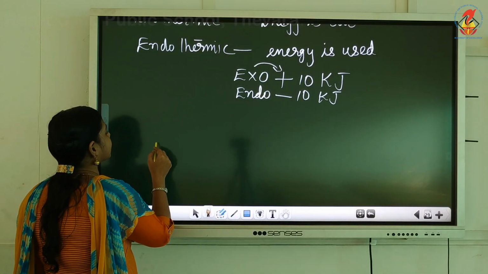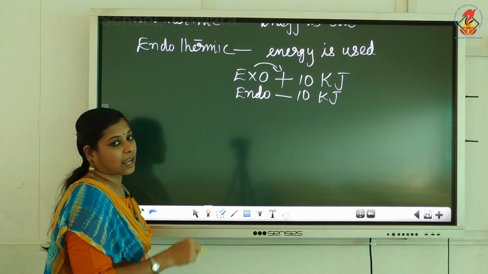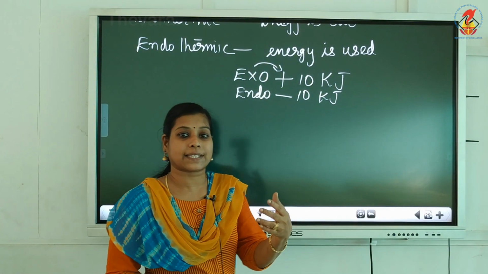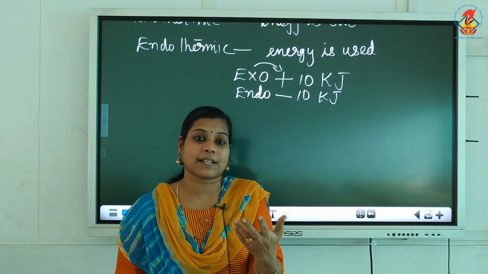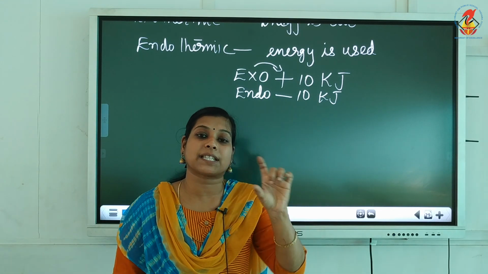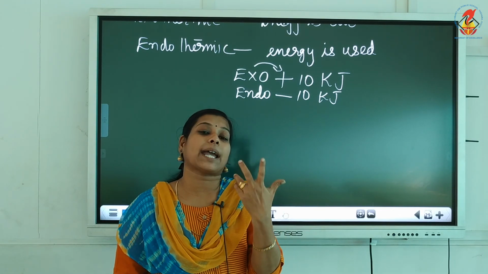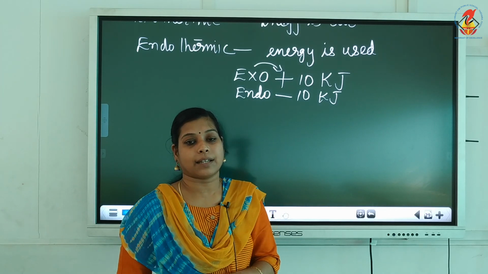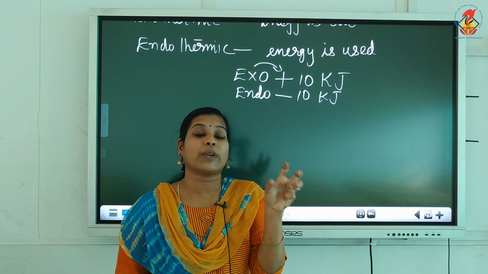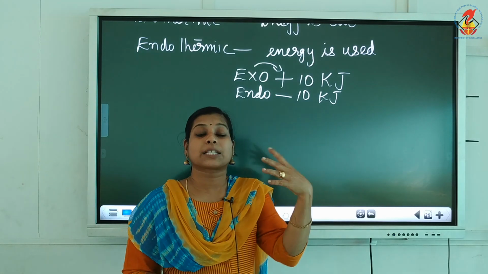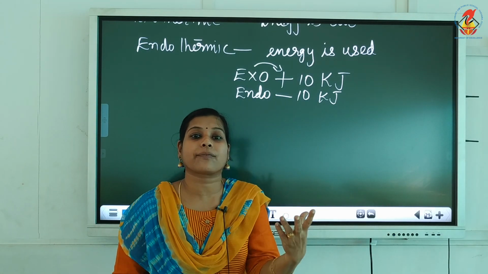Another way is that sometimes we note the conditions of the reaction such as pressure and temperature, a certain specific temperature and specific pressure. Sometimes a catalyst will be there. A catalyst is a particular material which influences the rate or speed of the reaction.